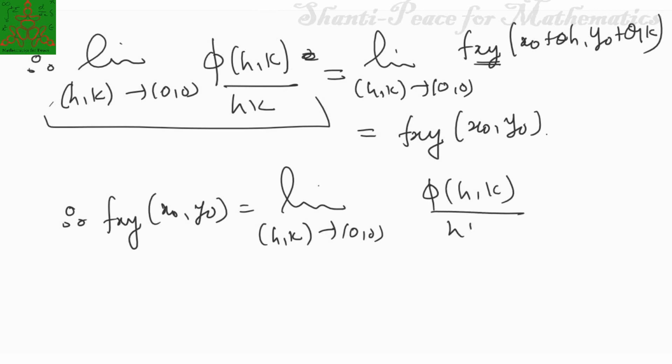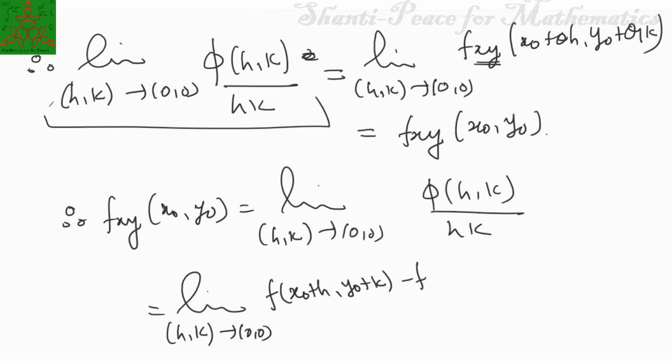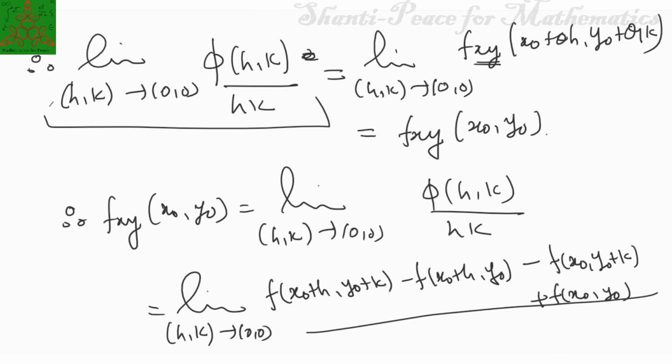Now from equation number 1, what is the definition of phi(h, k)? Just see in your notebook which you have written: phi(h, k) is defined as [f(x0 + h, y0 + k) - f(x0 + h, y0) - f(x0, y0 + k) + f(x0, y0)] divided by hk.